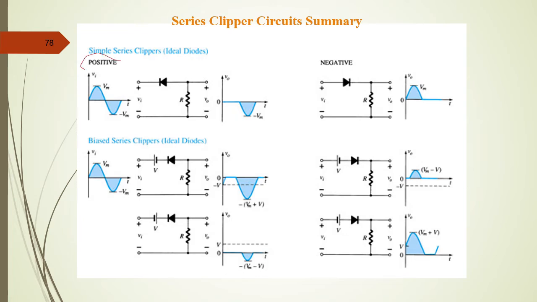This is a positive cycle, this is a negative. Just compare and look through the direction of the diode. This is the diode direction to the left, and this is the diode direction to the right.